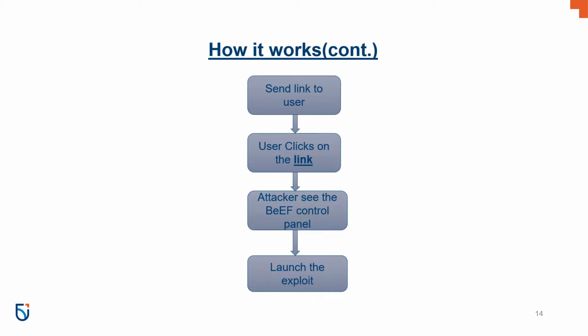BeEF launches a BeEF instance, which is a combination of the UI server, which is used to launch attacks and shows the various exploits, and the communication server, which coordinates and communicates with the hooked browsers. These two servers in collaboration make BeEF work.